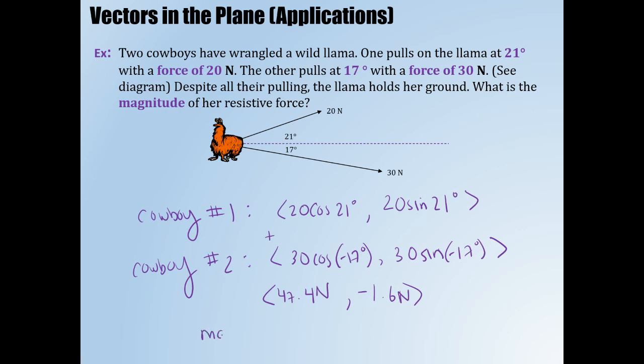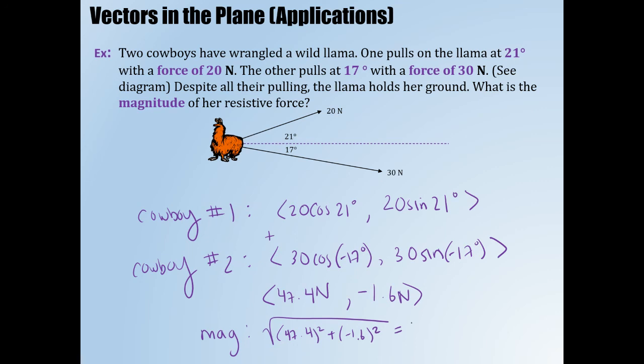So, of course, we can find the magnitude. Pythagorean theorem. So 47.4 squared plus 1.6 squared.